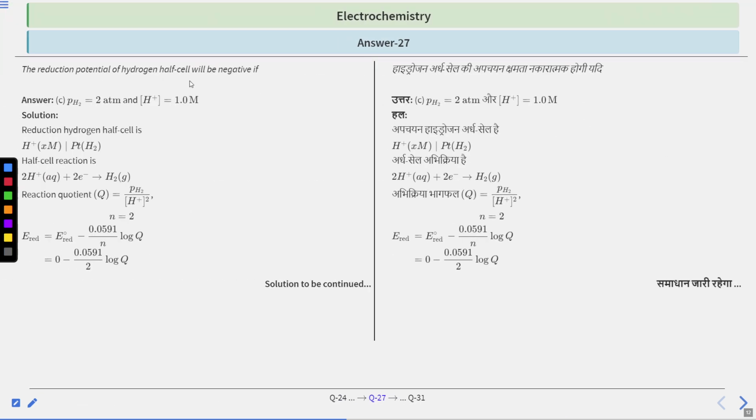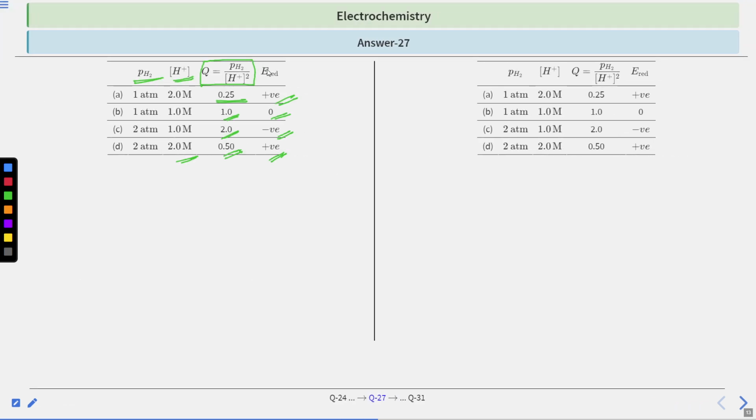So what we have asked is that the negative reduction potential of hydrogen half cell will be only if... So you can see that E of reduction is only negative in the C option when the pressure of hydrogen gas is 2 atmosphere, the concentration of H positive is 1 molar, and Q is coming out as 2.